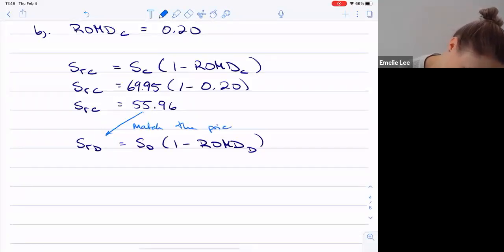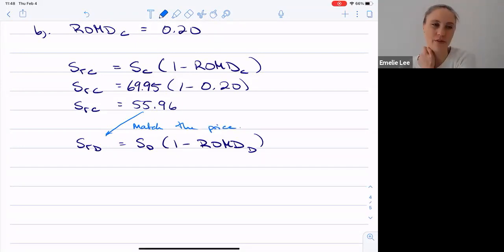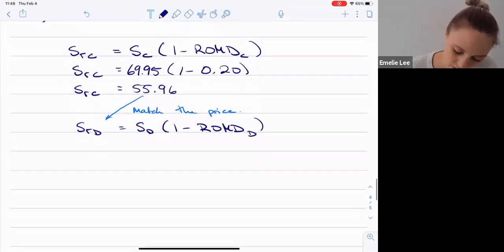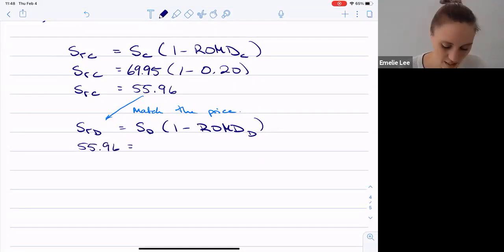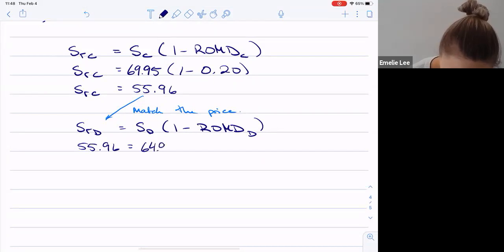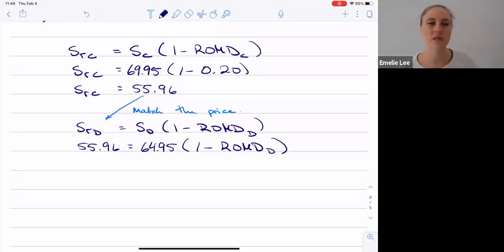So 55.96 must be equal to 64.95 times 1 minus the rate of the markdown for D.